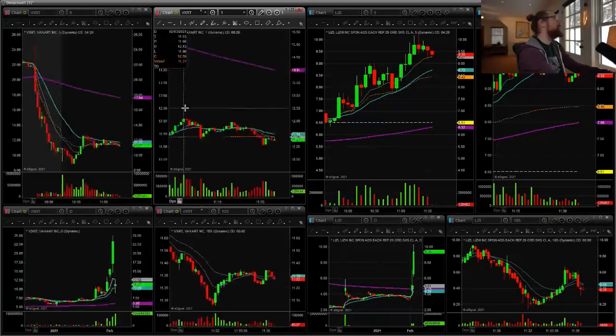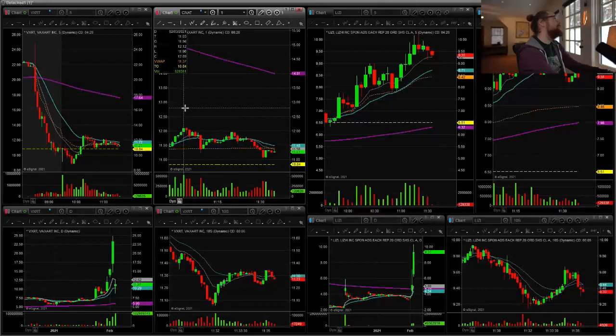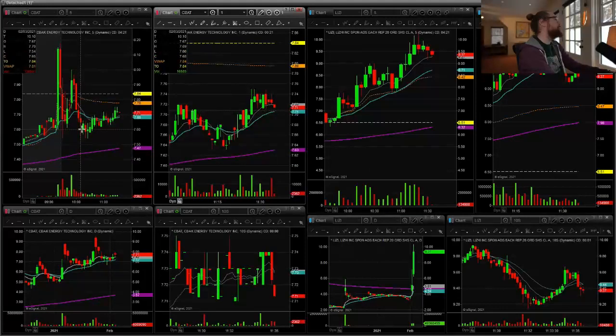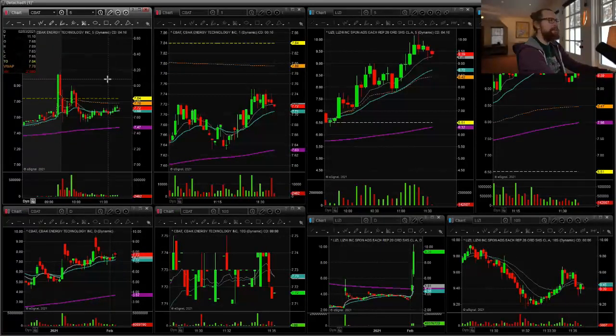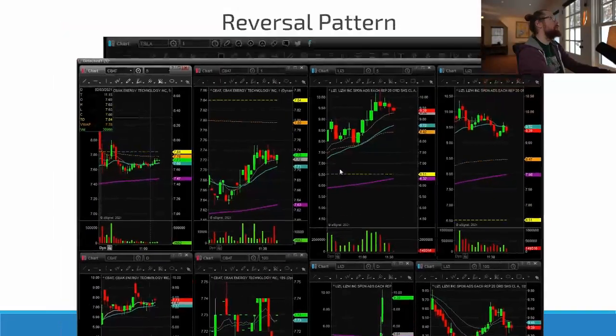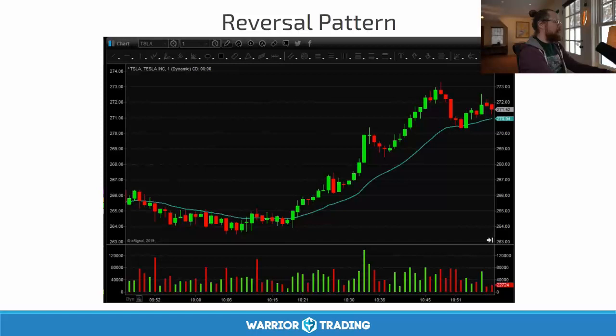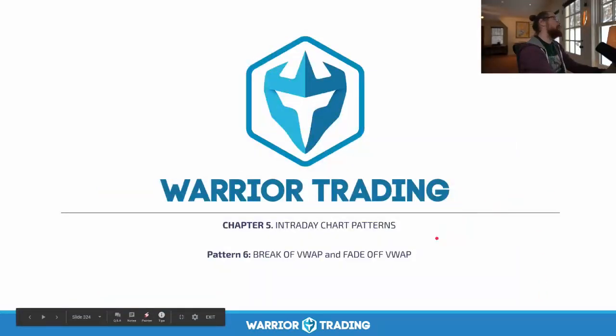VXRT was a little bit better, but often, CBAT, often intraday, the small cap stocks that we're trading don't sell off hard enough and quickly enough to really give us a good setup for a dip trade or for a reversal trade.